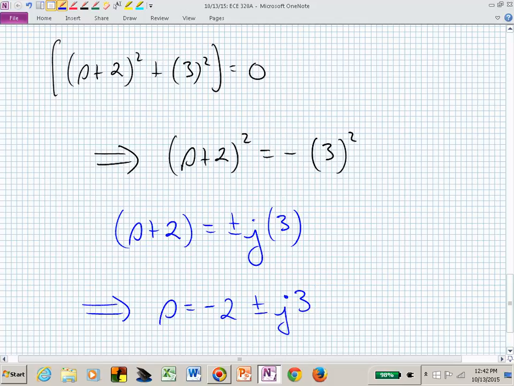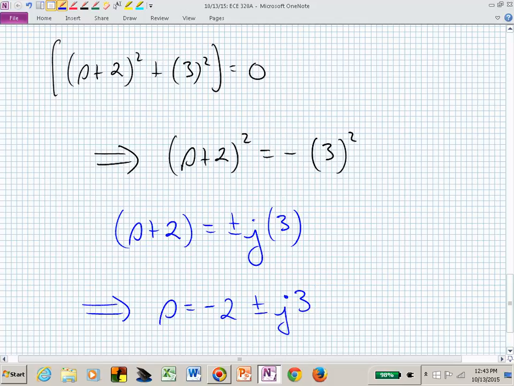That's the real piece. And the imaginary component of those two roots is right there in the 3. So we now have two roots, one at minus 2 plus j3, and the other is at minus 2 minus j3. And now we have our 3 roots, our 3 pole factors that we'll put underneath A, B, and C.